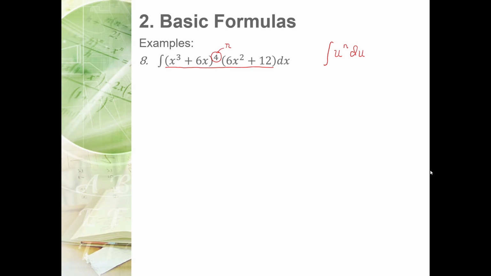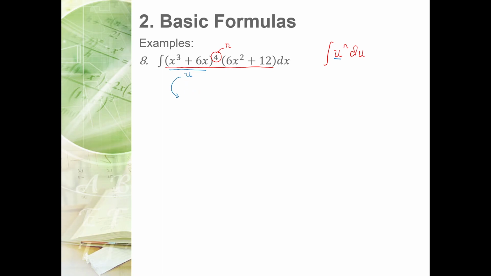So again, for us to appreciate the solution, we use another color. The u parameter is the base of the exponent n. In this case, the base of n is x cubed plus 6x. So this will be our u parameter.